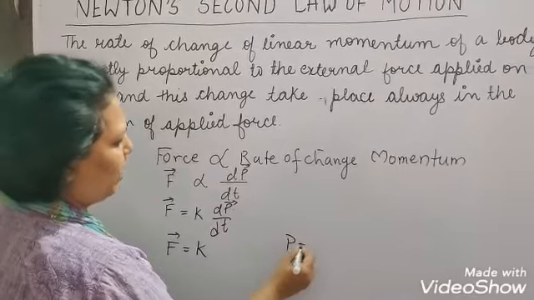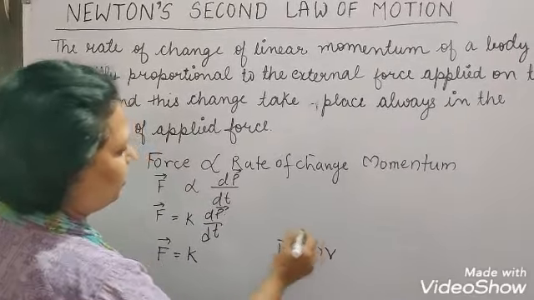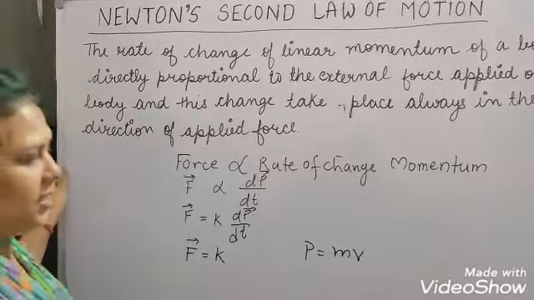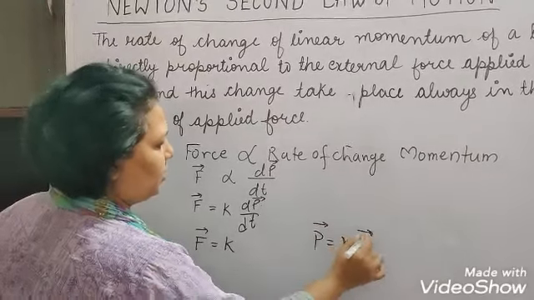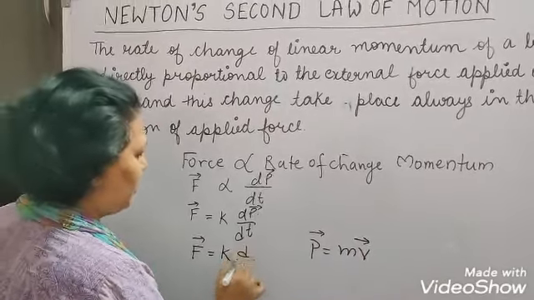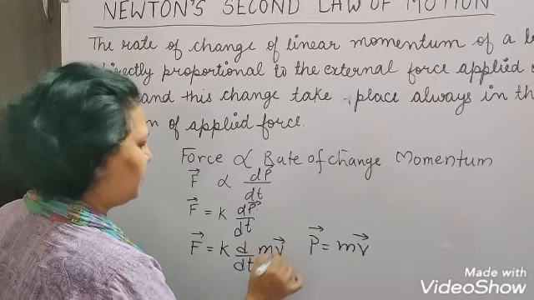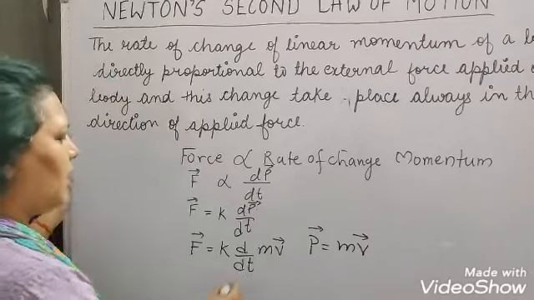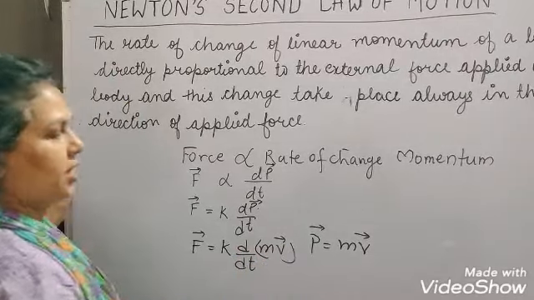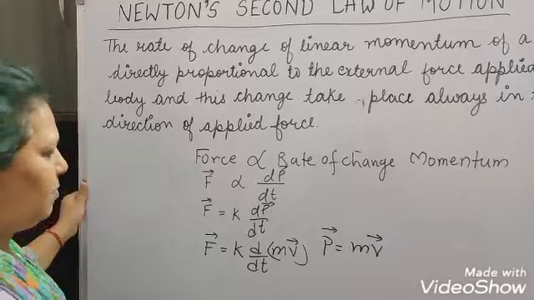Now we can see here F is equal to K dp upon dt. We know that the momentum is equal to the product of mass and velocity. So we can write d by dt of mv. In place of p, we write mv, momentum.